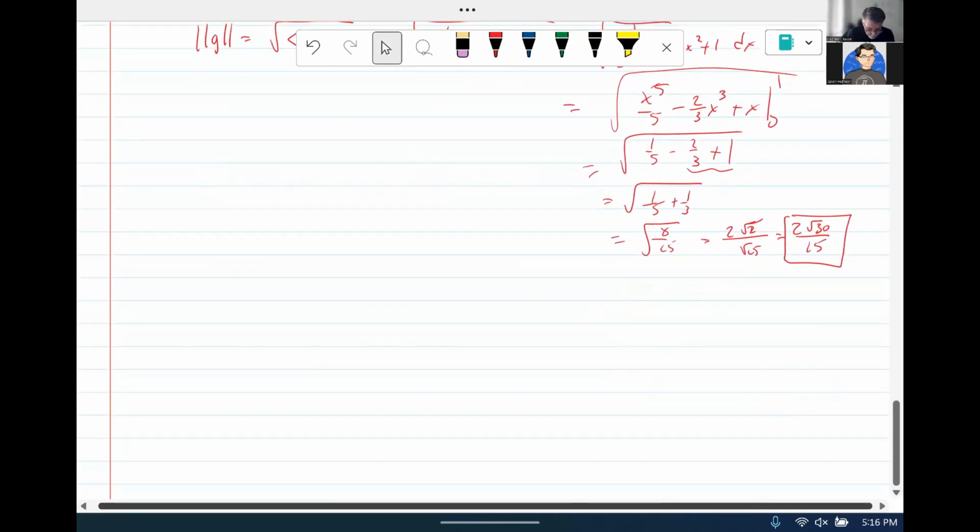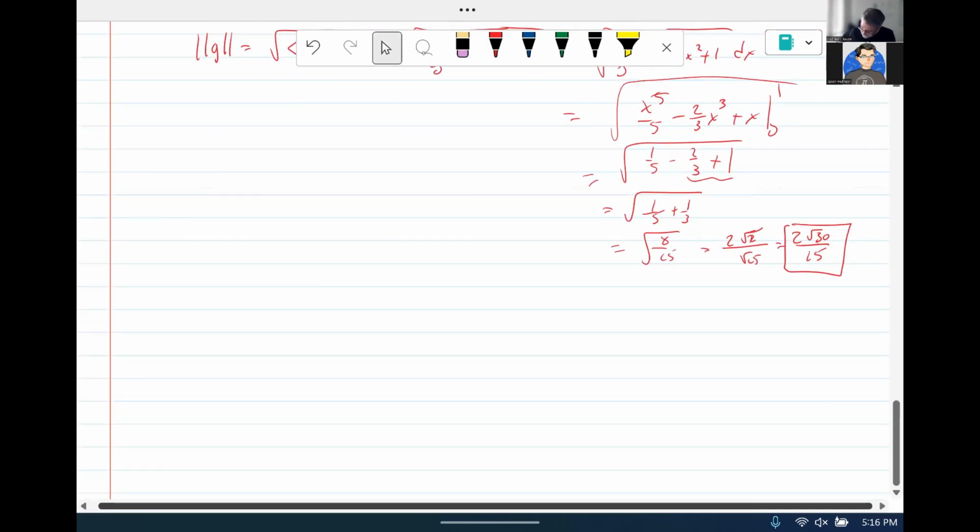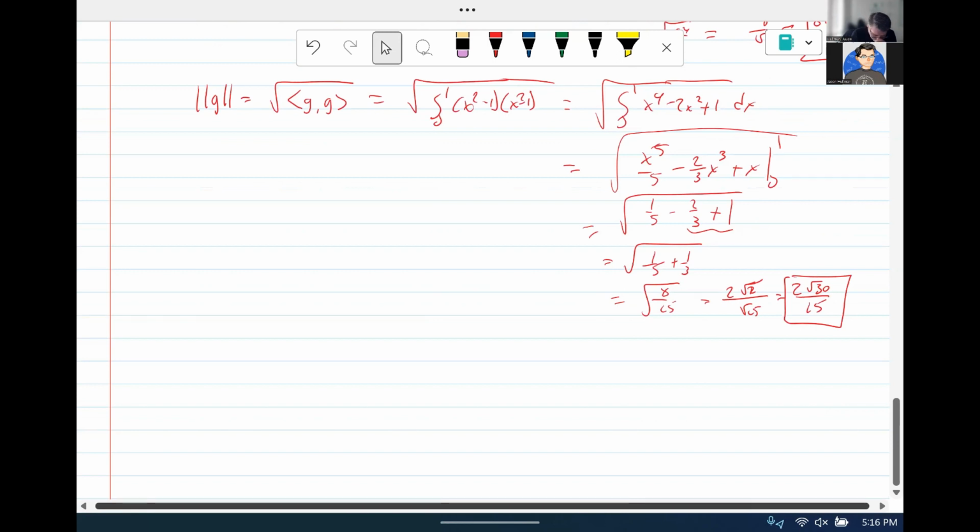Properties of the inner product. Let's look at some properties of the inner product.